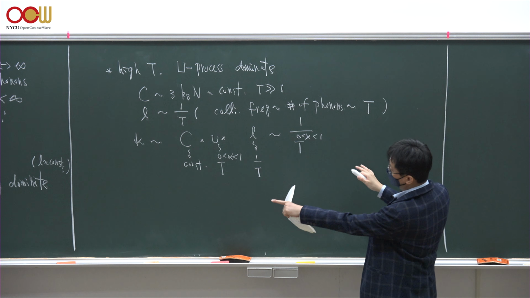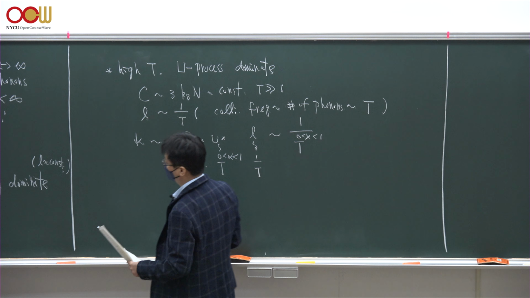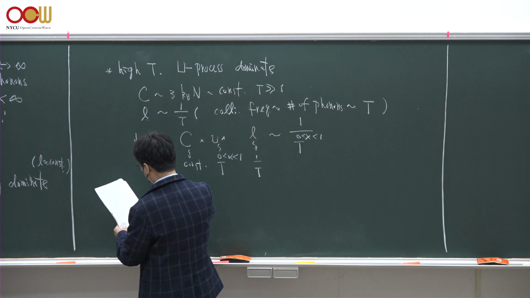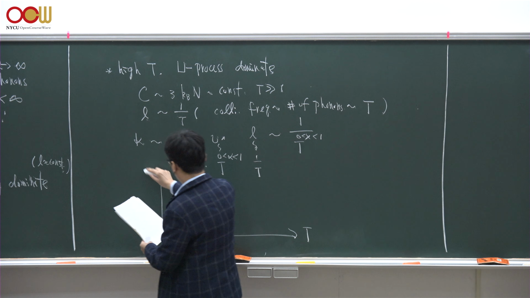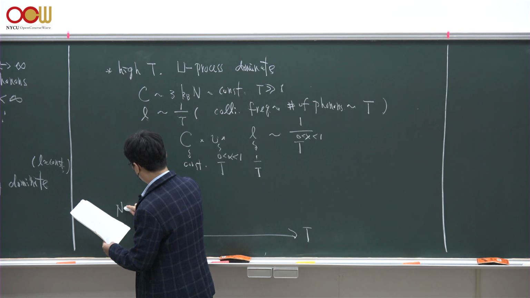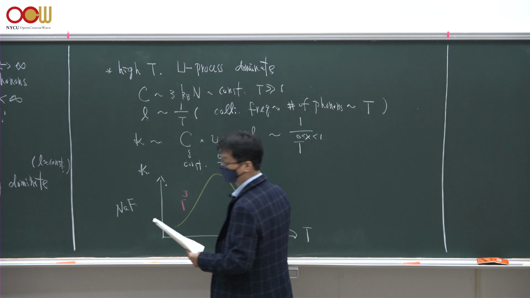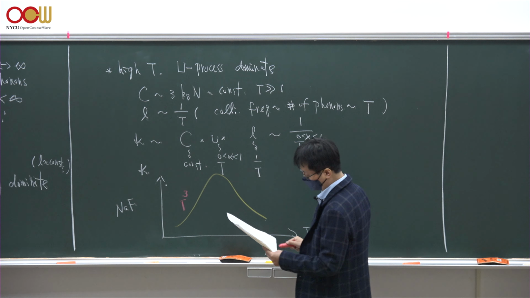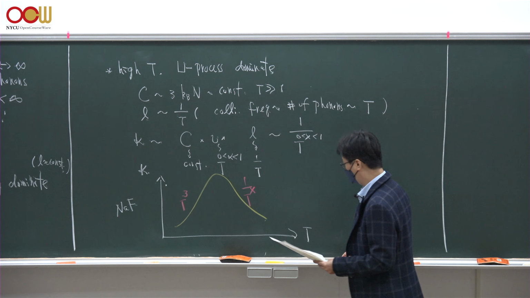These expressions for kappa in the two temperature limits agree with the experimental observations. For example, for sodium fluoride, you'll see a T cubed term at low temperatures, but 1 over T to the power of x behavior at high temperatures.